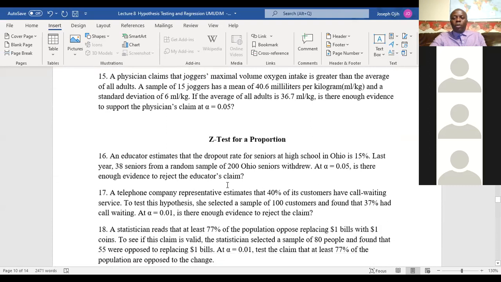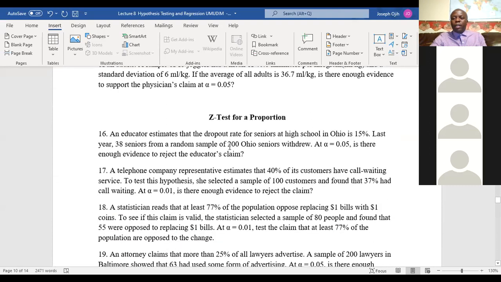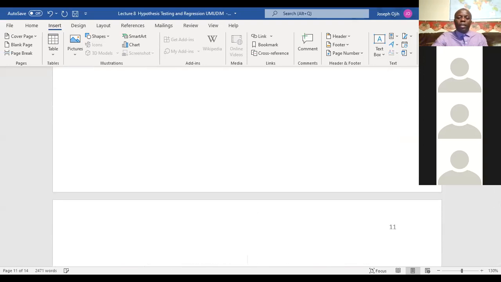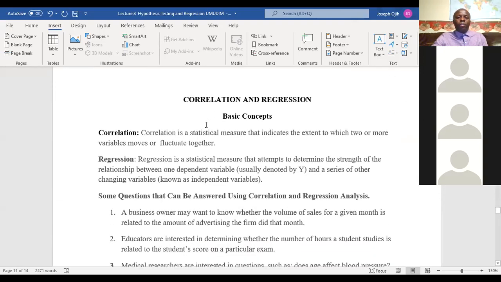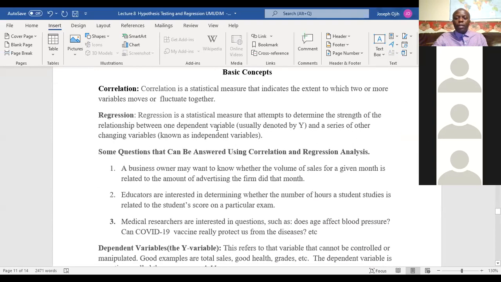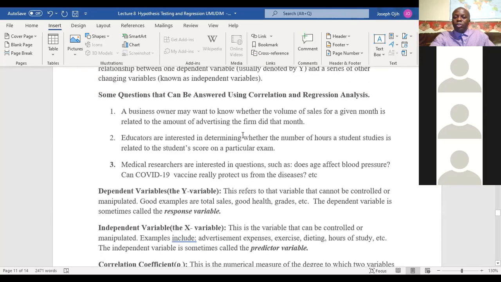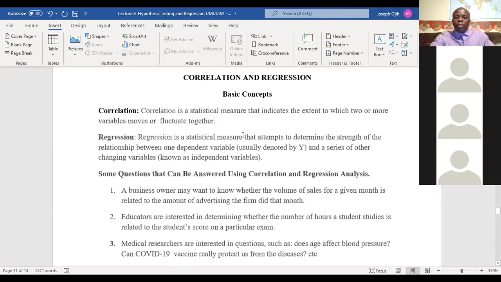Now, we're not going to do the z-test for proportion in this class, but tomorrow we will round up the class by doing correlation and regression analysis. This one, we have formulas for it. Let me introduce this topic so that tomorrow we'll just be working on the actual calculations. Correlation simply means a statistical measure that tells us the extent to which two variables move together.